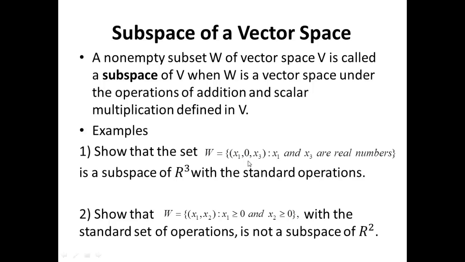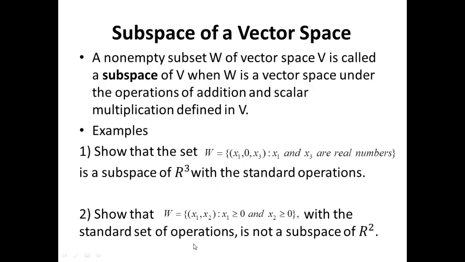So for example, (1, 0, 5) is an element in W. (-1, 1, 2) is not an element in W because the second component is not 0. It's very, very critical that you understand how W is defined because we would need this definition to prove that things are subspaces and so on and so forth.